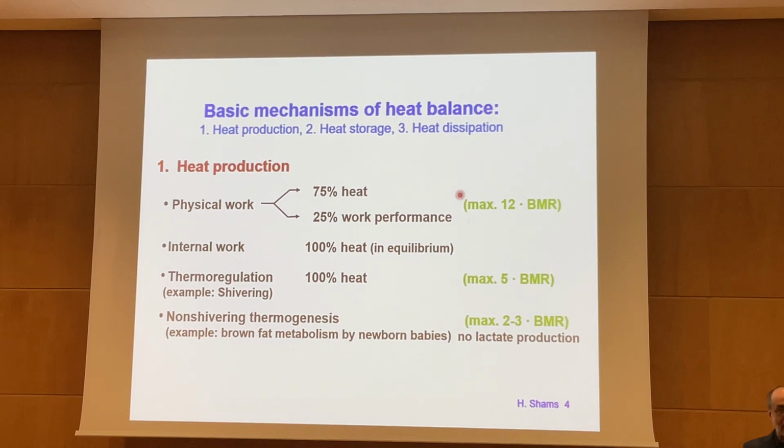If heat production and heat dissipation are equal, then the body temperature remains constant. If heat production is more than heat dissipation, then the heat will be stored in the body and it causes a rise in body temperature. And the opposite is also the case.